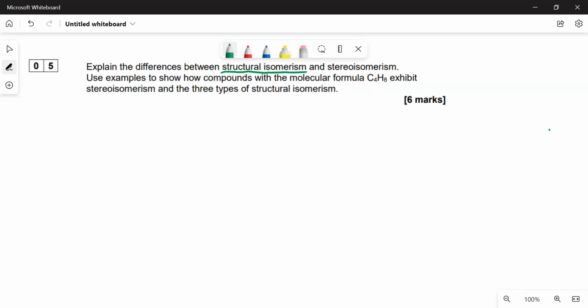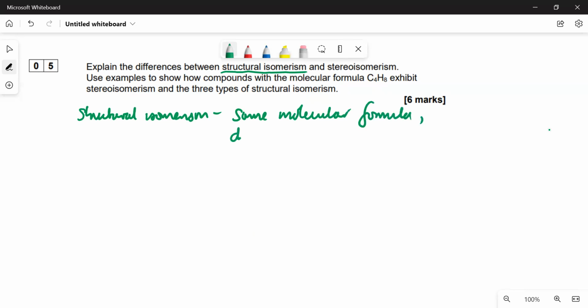So structural isomerism: the molecules have the same molecular formula, but different structural formula.